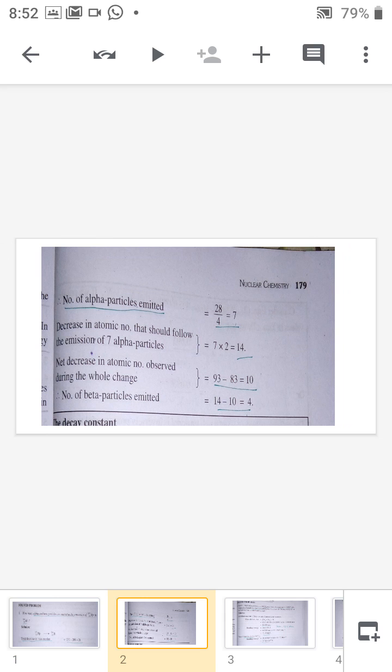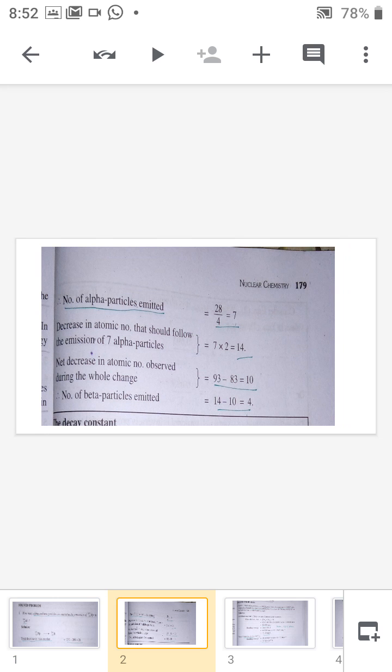Then we know that an alpha particle is a helium nucleus, so the difference in mass must be in multiples of 4. We divide the difference in mass by 4 to get the total number of alpha particles emitted. So 28 divided by 4, we get 7.